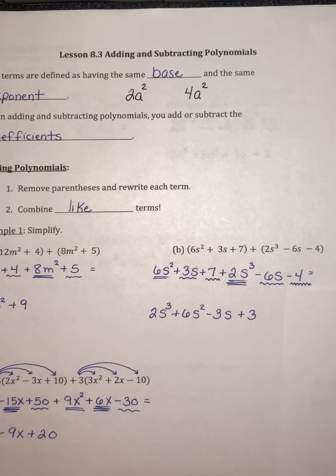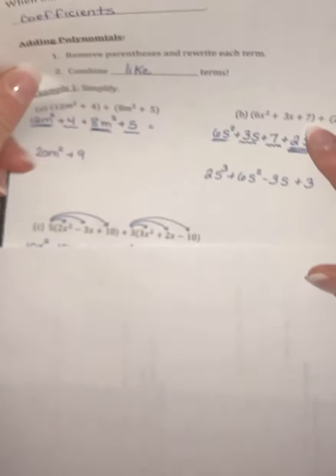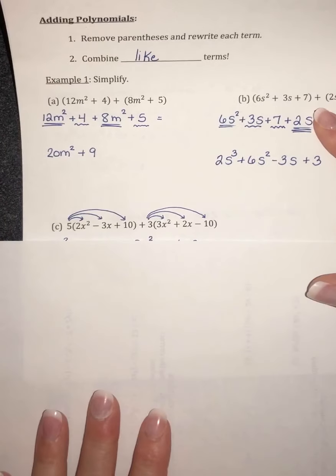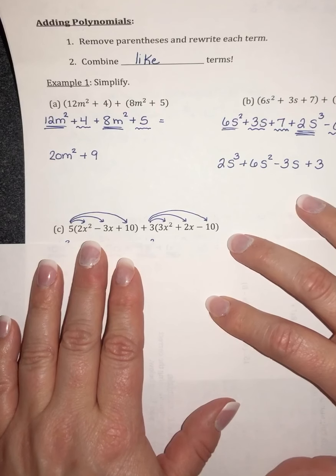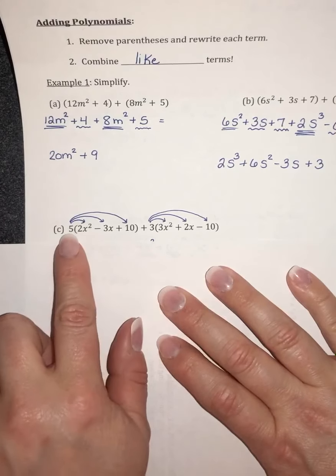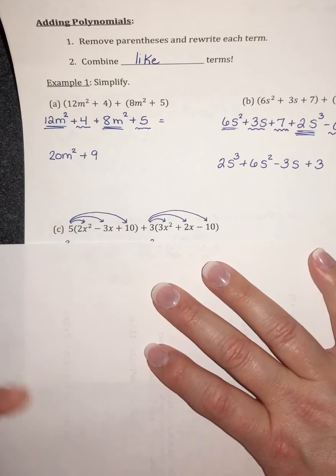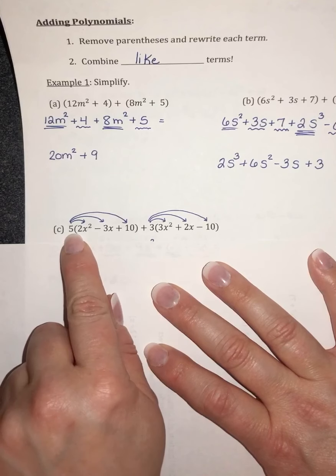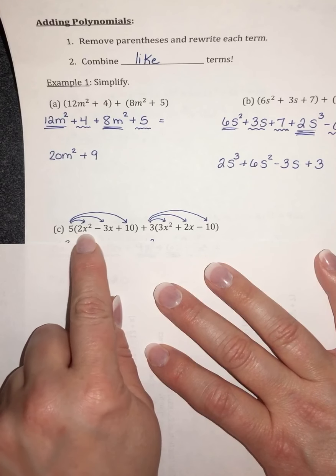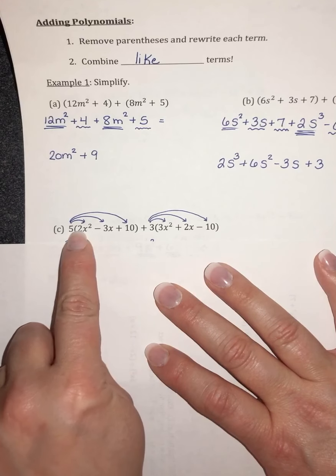Now, our next one's a big one, and you're going to see I have a lot of writing here, so let's take a look at this more carefully. So here you can see we've got two trinomials, but we have a coefficient in front that we have to multiply. We have to distribute into the trinomial. So I have to take 5 times every single term in the parentheses.